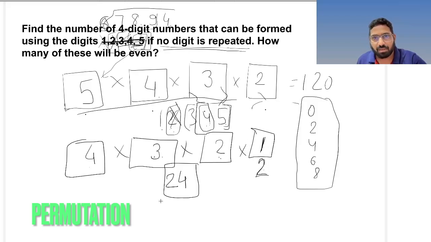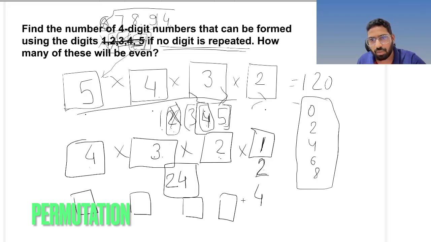Similarly, because we have 4 also here, right? To make a number even, I can also choose 4 at the end. So I'll just reframe this question. Again, I have the option of 4, same as 2.